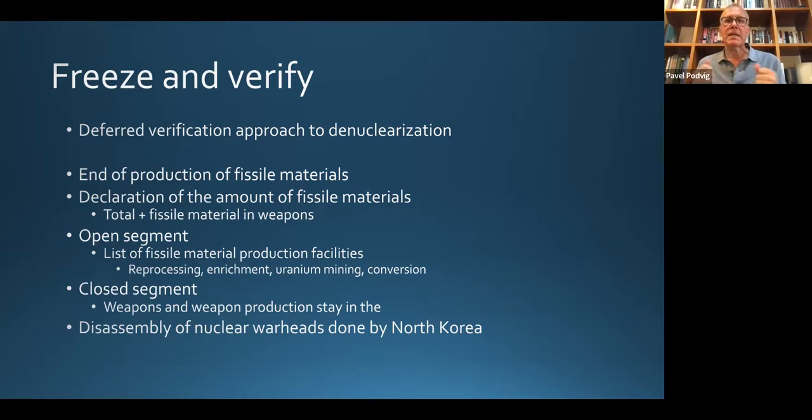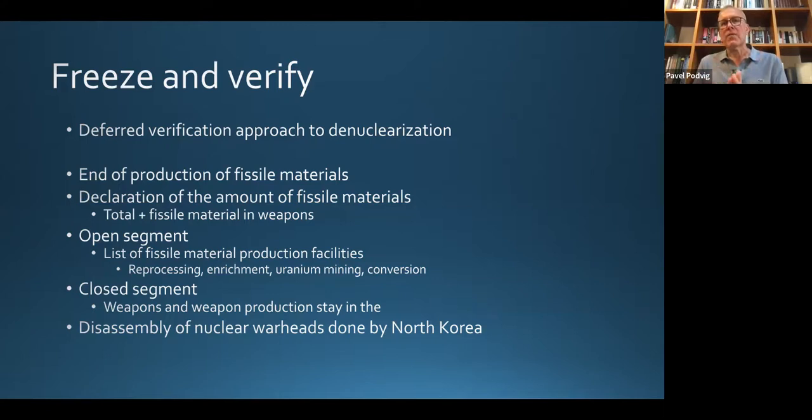And then you ask North Korea to declare the total amount of material that it has produced, and as a subset, the amount of material that is in weapons. Note that you are not asking where the weapons are, how many weapons there are, how they are built, or how they could be delivered. You only want the amount of material in weapons.